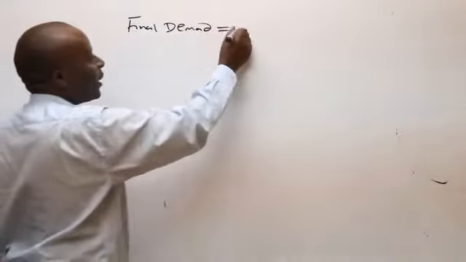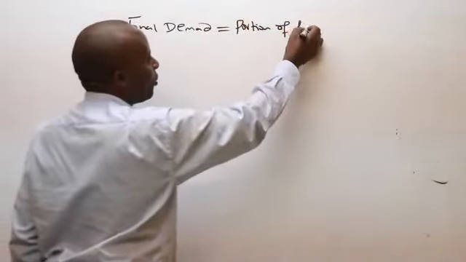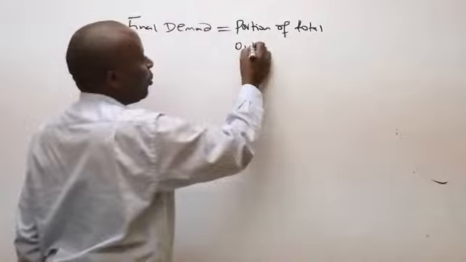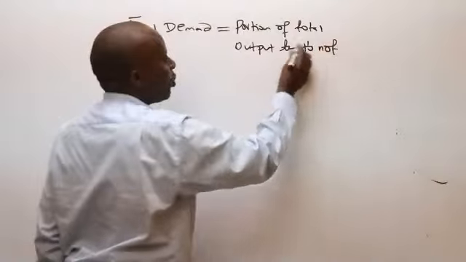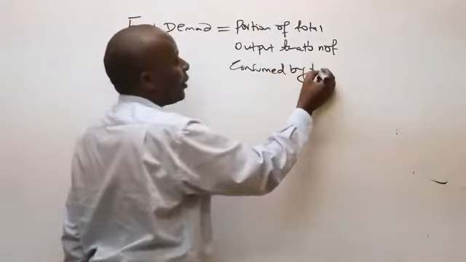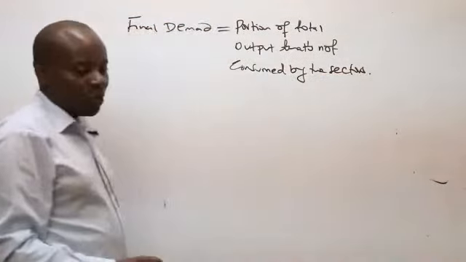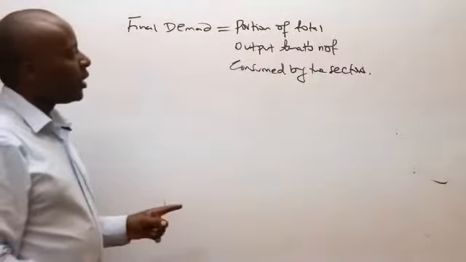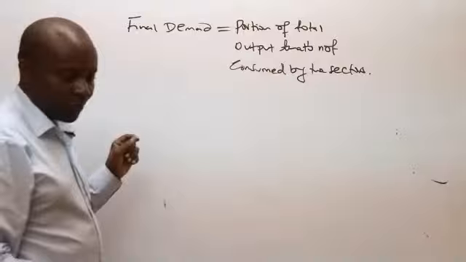Final demand, ladies and gentlemen, represents the portion of total output that is not consumed by the sectors. It is the portion of the total output that is not consumed by the sectors.